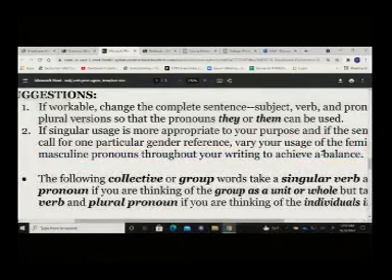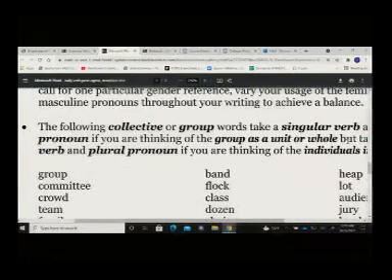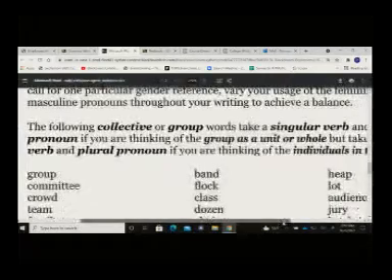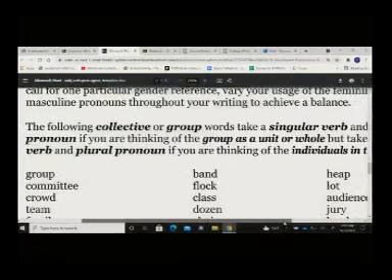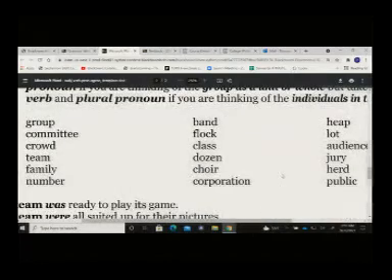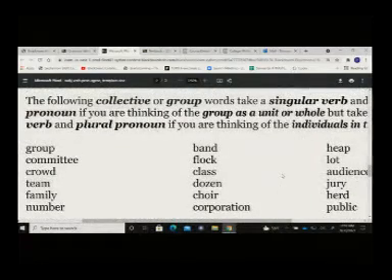Now we've got this great group, and it's called collective or group words that can take a singular verb when they're talking about a singular and a singular pronoun, if you're thinking of the group as a single unit or whole, but they take a plural verb and a plural pronoun if you're thinking of the individual. So if I talk about, what's the term to use to a group of people in the military writing?